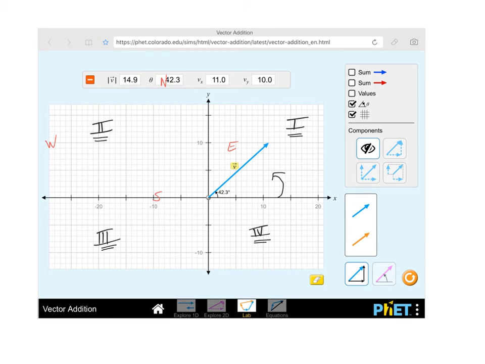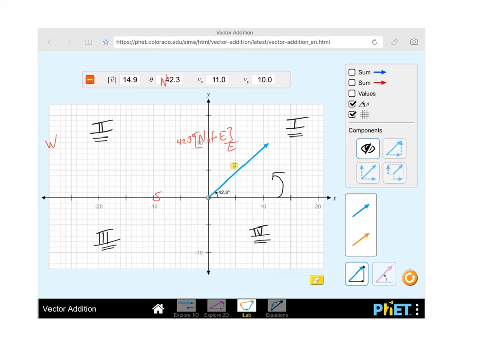If I take a look at the blue vector, I see that it is north of the east direction. So I would specify this vector as 42.3 degrees north of east. We usually put that in a little bracket. So it's 42.3 degrees north of east.